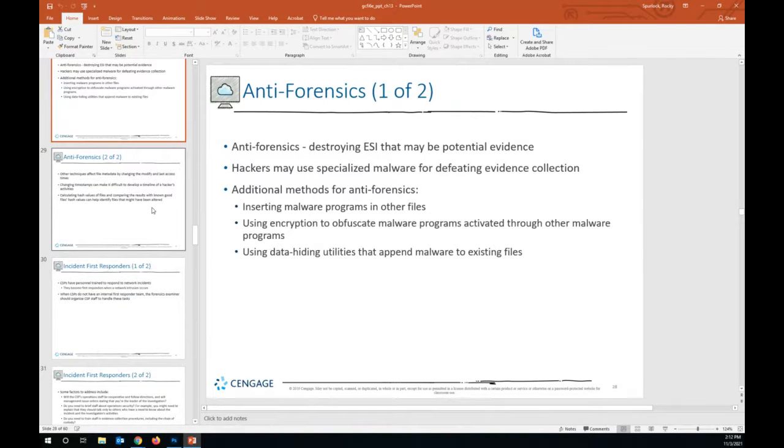Anti-forensics can be defined as the act of destroying ESI that is potential evidence. This may be something where hackers use specialized malware for defeating evidence collection. Some additional methods for anti-forensics are inserting the malware programs in other files, using encryption to obfuscate malware programs activated through other malware programs, or using data hiding utilities that append malware to existing files.